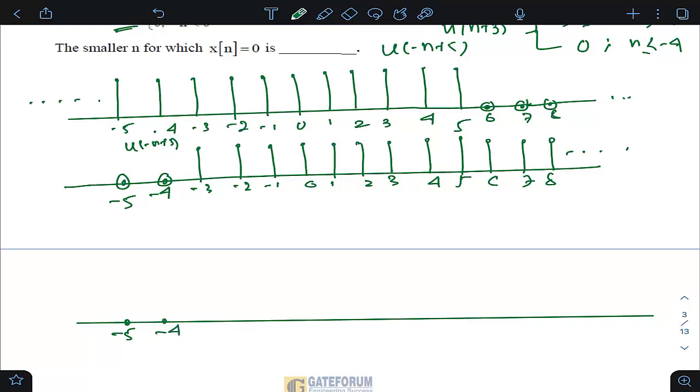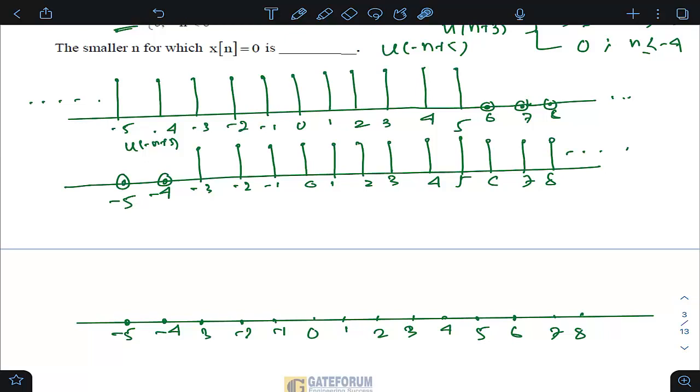Then you have minus 4, minus 3, minus 2, minus 1, 0, 1, 2, 3, 4, 5, 6, 7, 8. Actually, no need to draw the waveform. If you can visualize the way the question is framed, you can directly answer by visualizing this waveform in your mind, if your fundamentals are good. Okay, now if I am subtracting, what is going to happen, students?